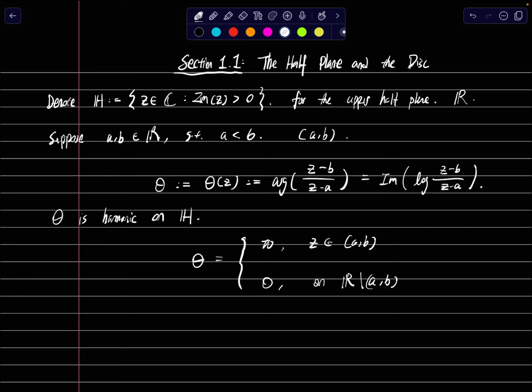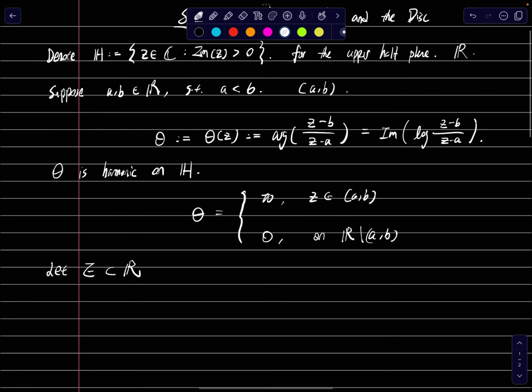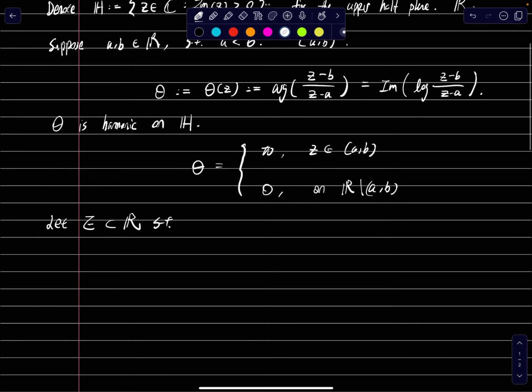Okay, so now we're going to define a set E in the real line such that it can be written in the following form. E can be represented as the finite union of intervals (a_j, b_j) where b_{j-1} is smaller than a_j is smaller than b_j.